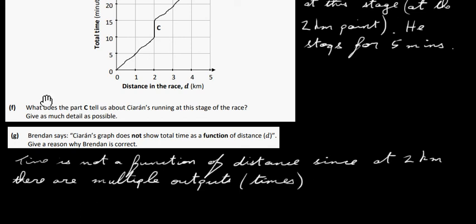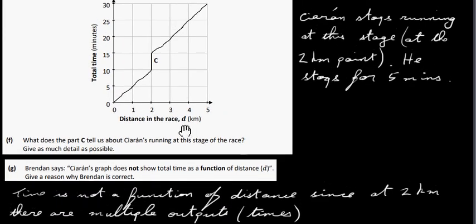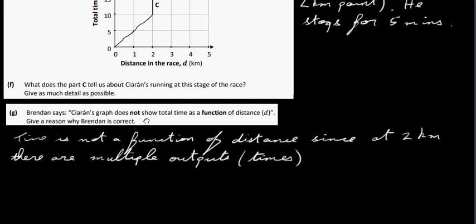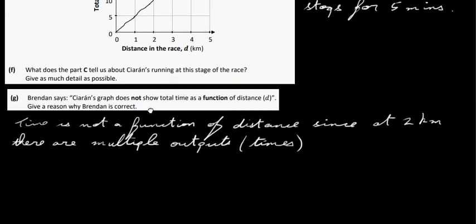So for a graph to represent a function, you can't have one input giving you more than one output. In other words, we're putting 2 into our function here and we're getting 10 minutes, 11 minutes, 12 minutes, 13 minutes, up to 15 minutes. So we're getting a number of different outputs for the one input, and that basically doesn't represent a function.